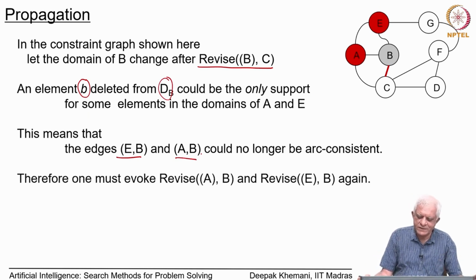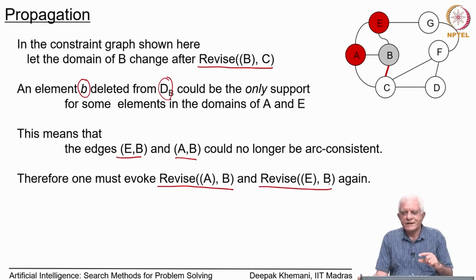So, what we can do is we can make calls to revise AB and revise EB again. Instead of what we did in AC1, that if any domain changes, do all combinations of calls for all the edges all over again, go through the entire cycle again.